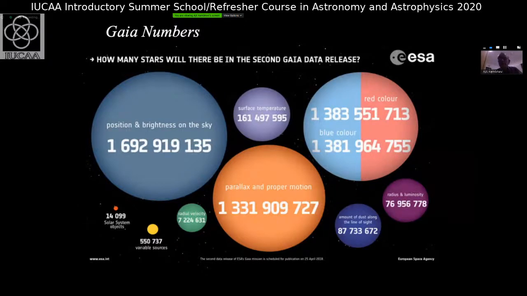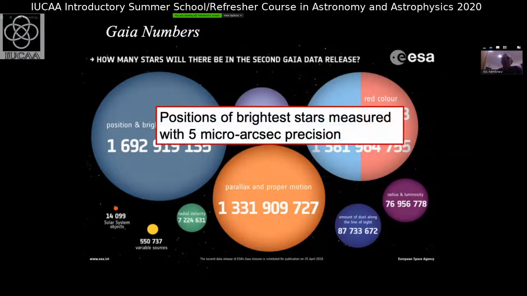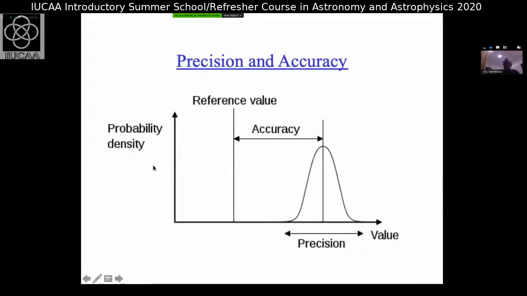And because you have got the distance and the proper motion, you will have a three-dimensional image of the sky. And in this case, the image is mainly limited to our galaxy. That was the whole point of Gaia, to map our galaxy in as much detail as possible. So it says that positions of brightest stars are measured with 5 micro arc second accuracy.